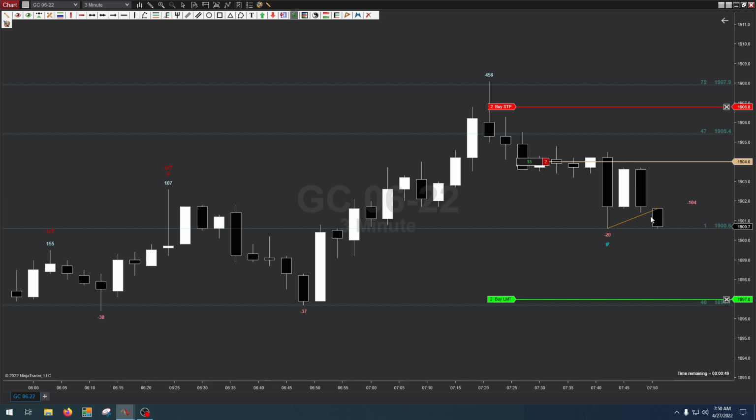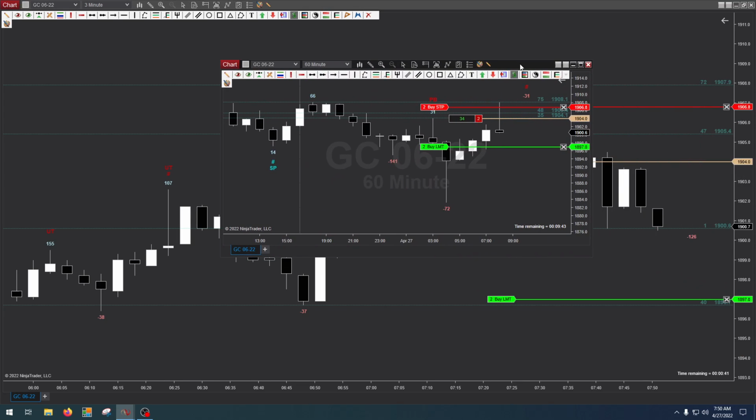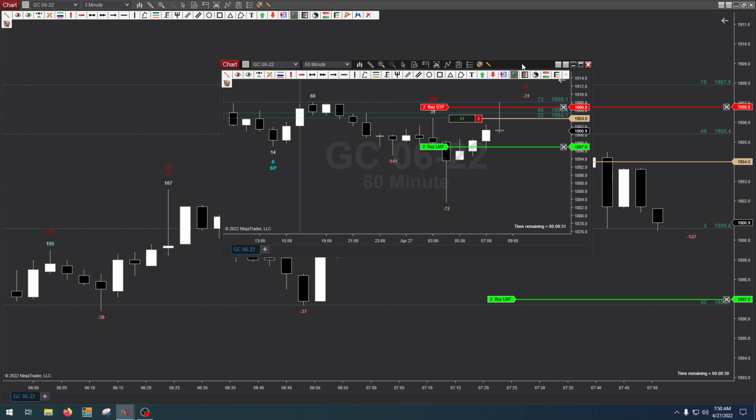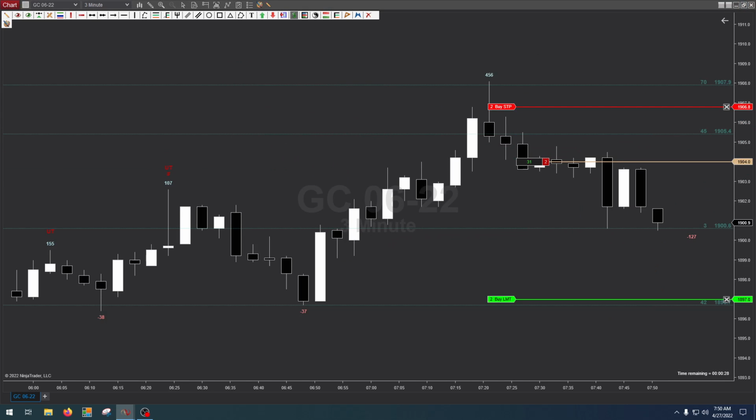Just less than a minute to go left in this candle here. There we confirm the swing short. And this is what's going on the hourly right here. Now, again, this level here is wanting to act as support.